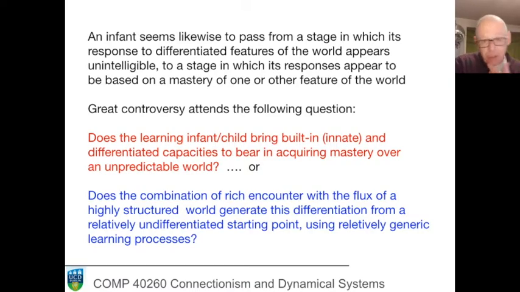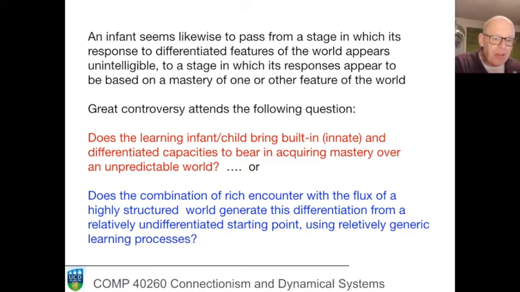Infants, much like our networks, seem to pass through stages. Initially, they don't produce very intelligible responses to things in the world. They are very self-centered, little infants, and over time, their responses to the world become themselves more complex. The world for them becomes a more articulated place with greater variety of opportunities.